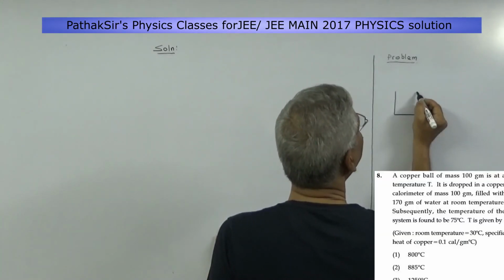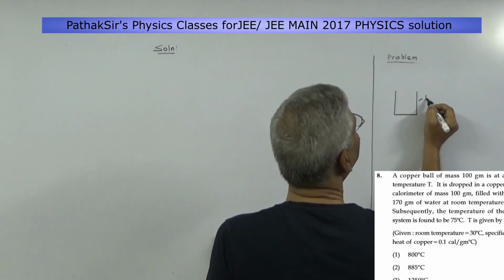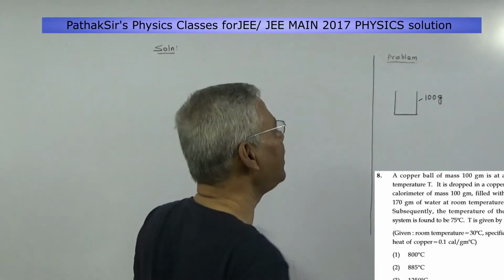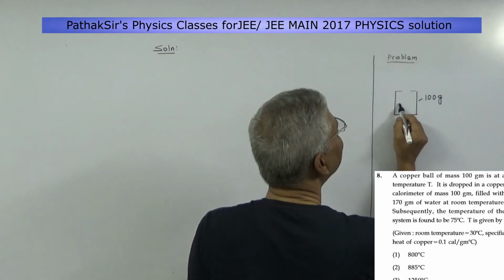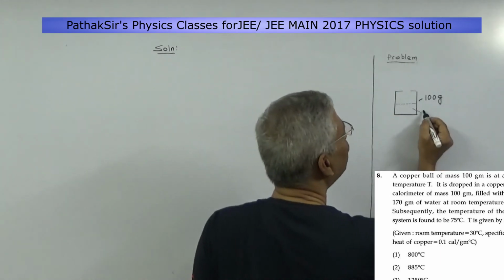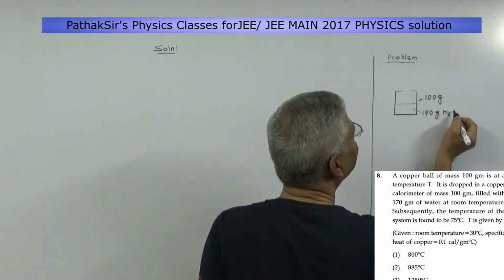Copper calorimeter. Mass of the calorimeter is 100 gram, and this contains water. Mass of water is 170 gram.